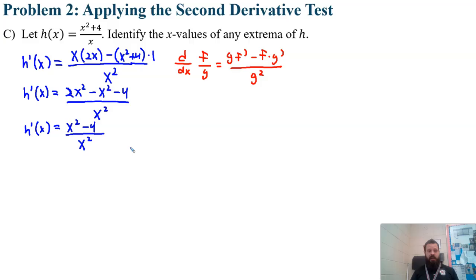So there's my first derivative. And we want to figure out where my first derivative is equal to 0, and then also where my first derivative does not exist, for critical points.